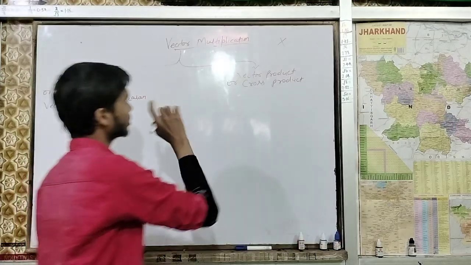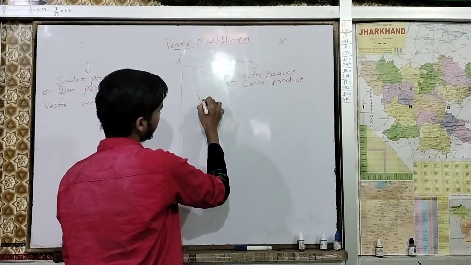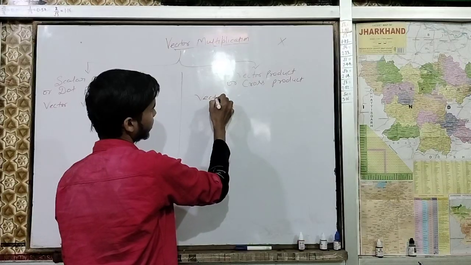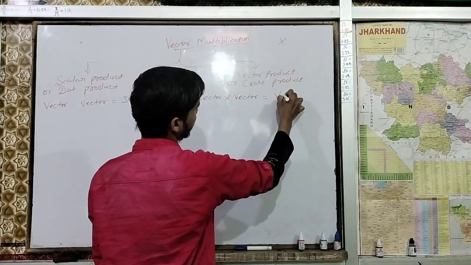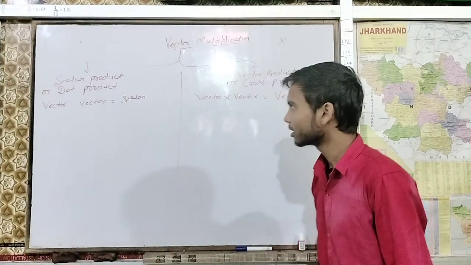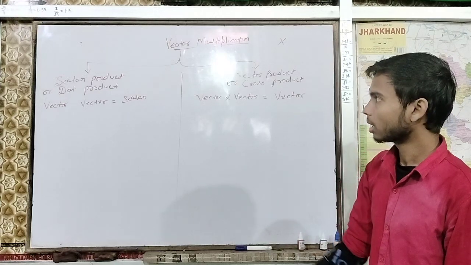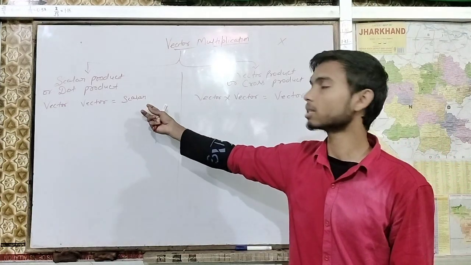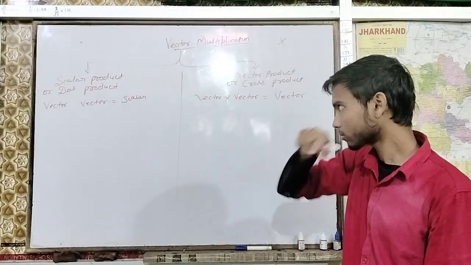In the other case, you take one vector and another vector, and you get a third vector. In both cases we are taking vectors, but the result in this case is a scalar, and in this case the result is a vector. Clear?